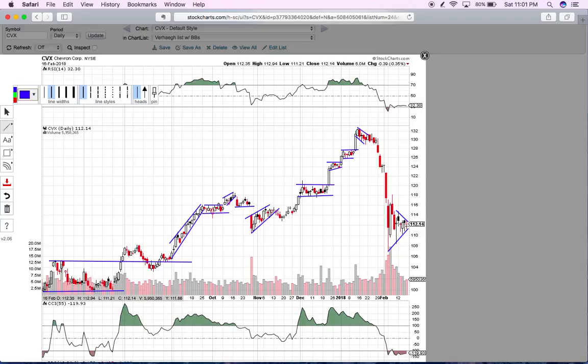And so what I would be looking for here with Chevron is it's going to break through either up or down next week, and whether it breaks through up or down, it'll probably stay in that trend at least for a while, just like when it breaks through up here and we see it break through support or resistance. So this is a wedge pattern. We'll talk more about specific chart patterns in the next video, but this is how you draw trend lines.